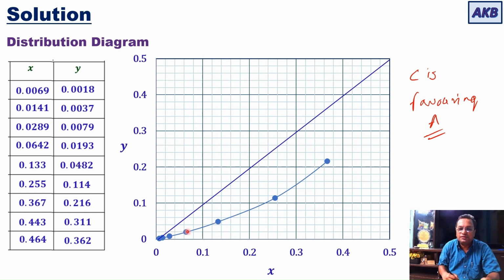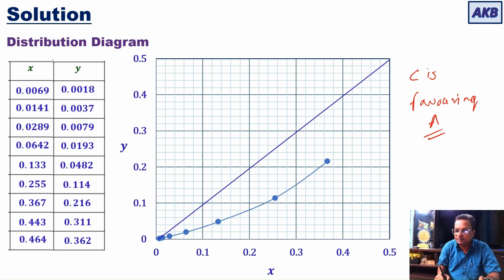That's why the curve is lying below the diagonal line. If the curve was lying above the diagonal line, then the case would be C is favoring B. For this case, C is favoring A, and that's why the curve is lying below the diagonal line.